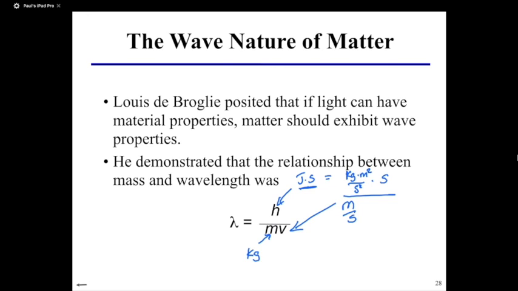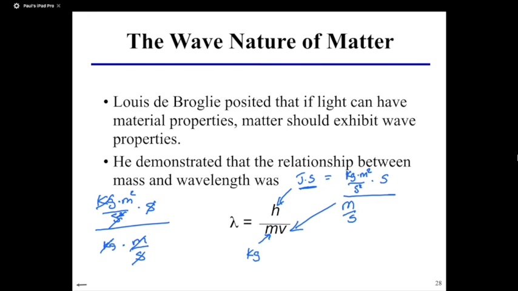If I look at this equation, on the top, my unit is kilogram times a meter squared divided by a second squared, times a second. On the bottom, I have kilogram times a velocity, which is meters per second. Now watch this. Kilograms cancel out. This second cancels out one of the seconds. This second cancels out the other second.